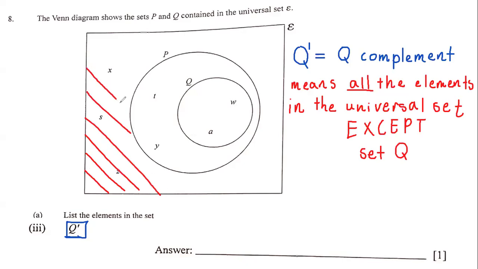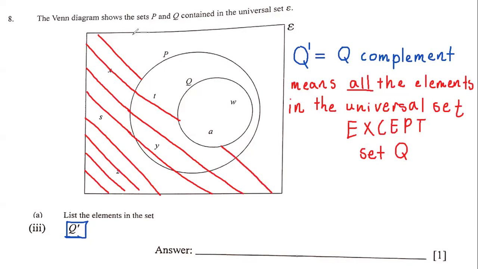We cannot include anything in the circle. But what are we not including?